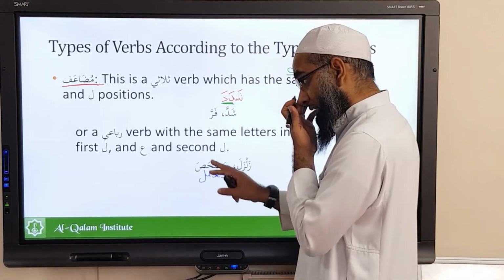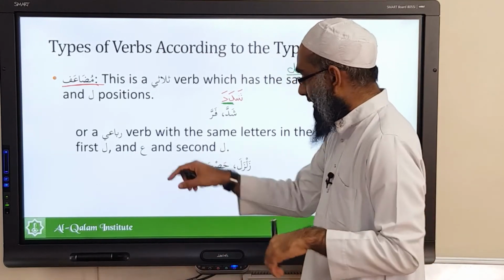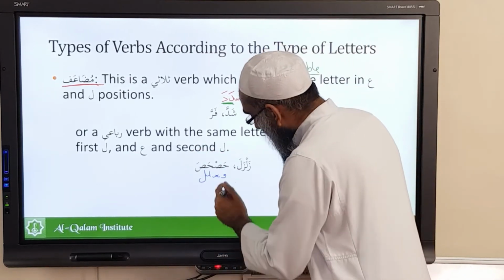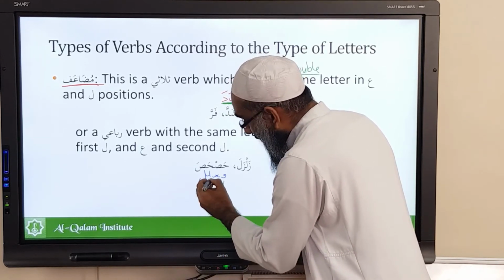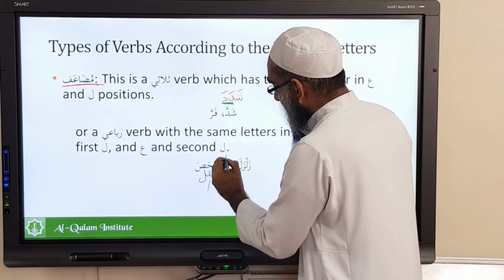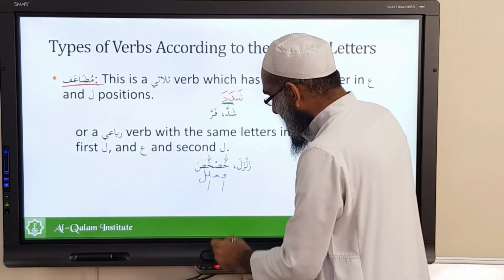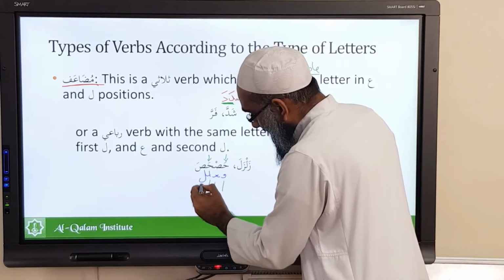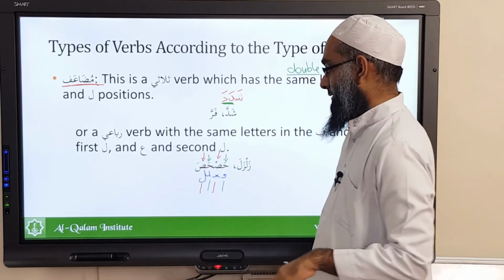If you have more than three letters, you don't say fa'ala, you say fa'lala. So what happens now? In here, the fa and the first lam are the same, which is ha and ha. And the ain and the second lam are also the same.